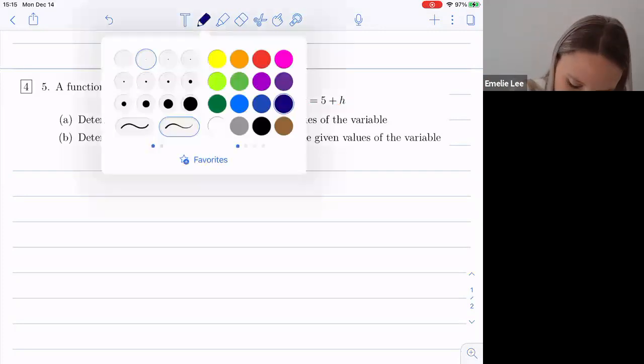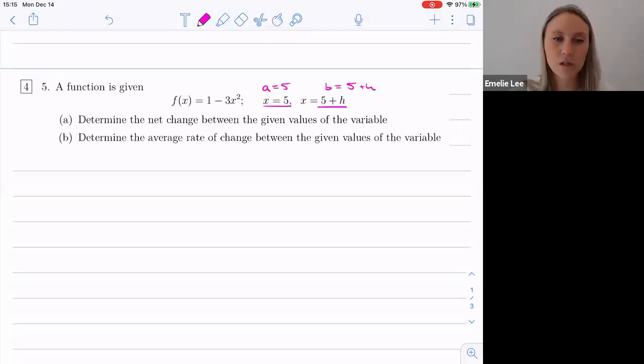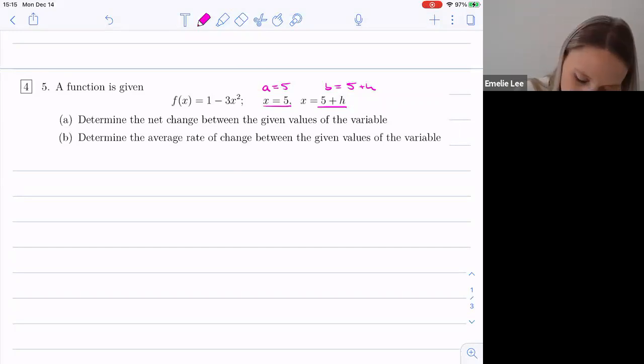So you want to think of a as 5 and b as 5 plus h. A is always your starting point, and B is always your end point. In this case, you're moving from 5 to 5 plus h.